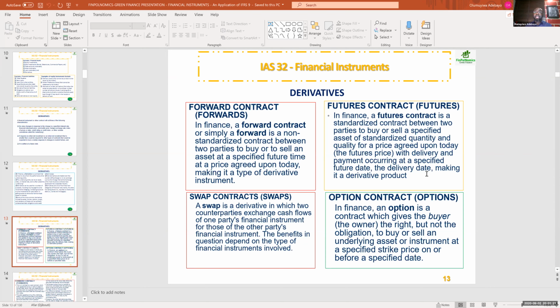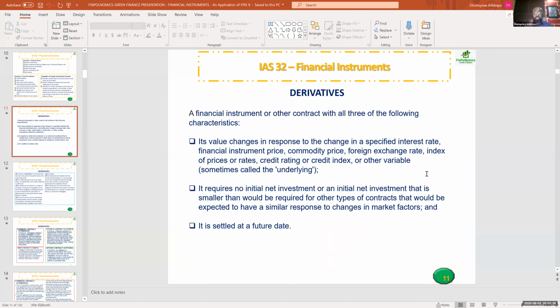As risk management tools, a derivative is written on certain underlyings. As I've explained earlier, those underlyings may include FX rates, interest rates, equity prices, and commodity prices.